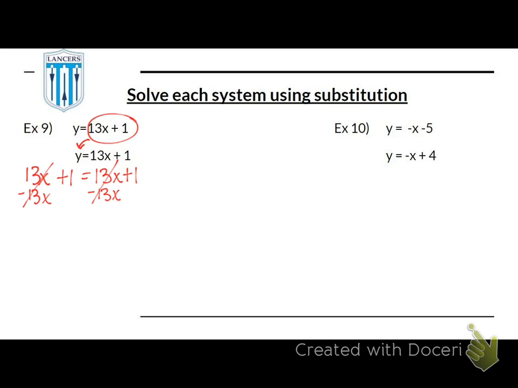And what are you left with? 1 equals 1. We had a positive 1 here, positive 1 there. 1 equals 1. Is that true or false? That's true. If you end up with your variable canceling out completely, it is gone, and you get a true statement, then you have infinitely many solutions.